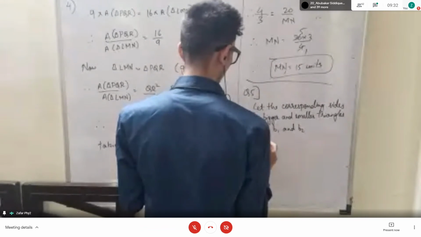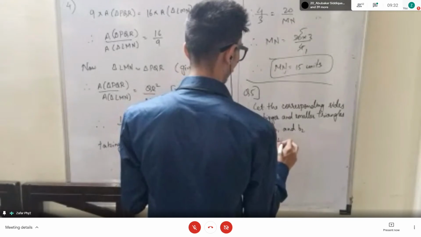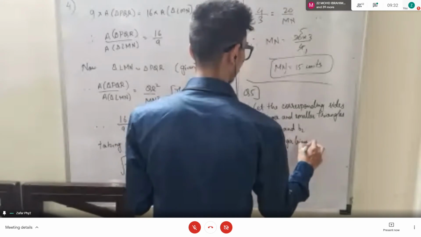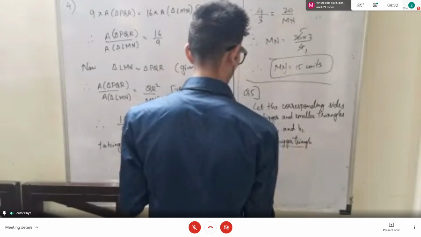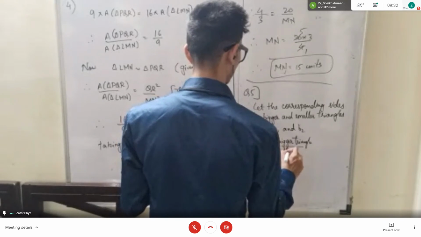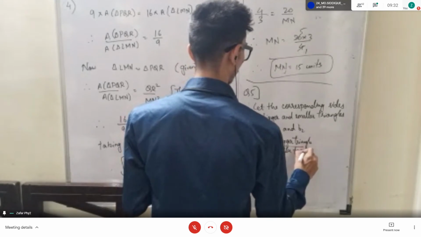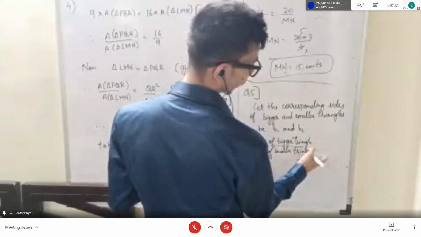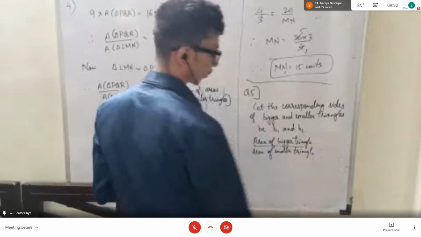So area of bigger triangle upon area of smaller triangle. Tell me, should I write b1 by b2 square or b2 by b1 whole square?